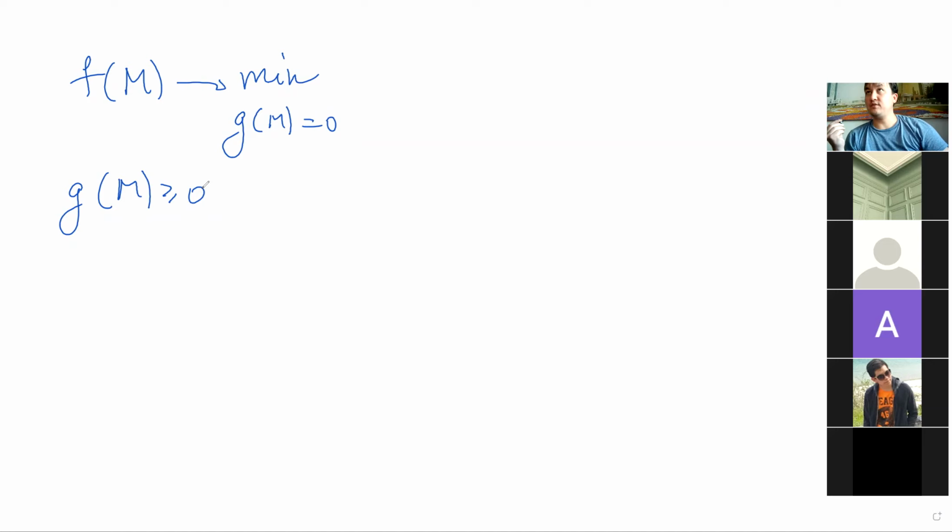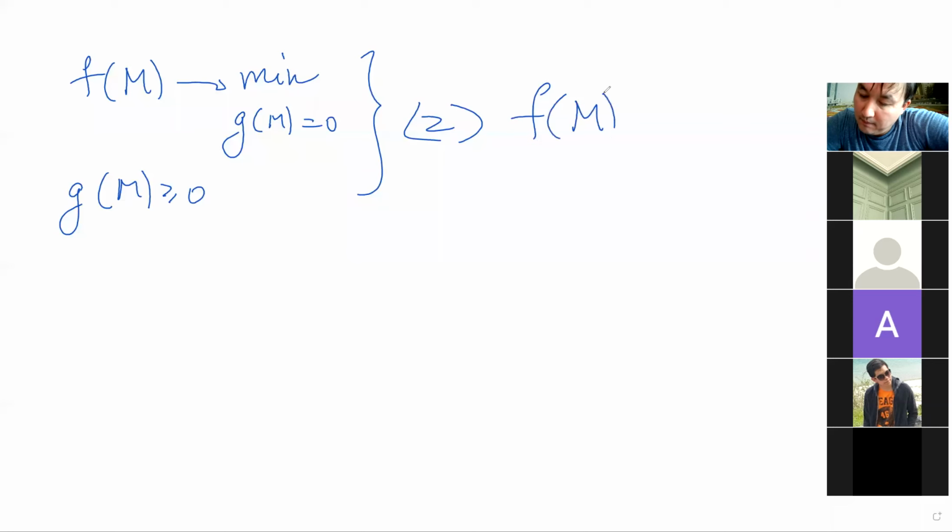The famous fact from optimization is that this problem is equivalent to the following problem: minimize f of m plus lambda g of m, without any constraints, where lambda is positive and, roughly speaking, large.